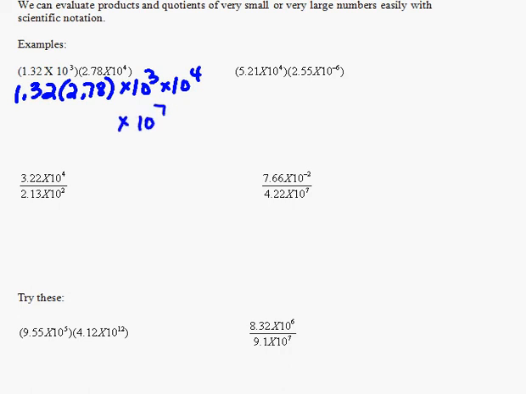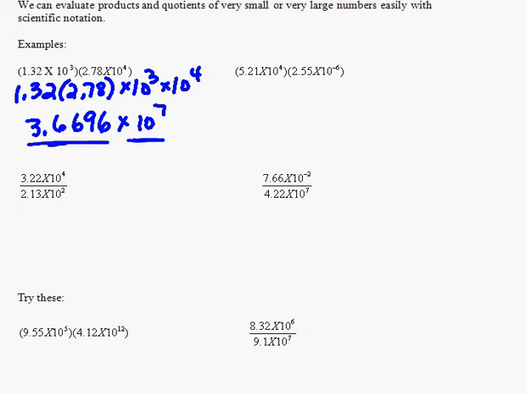So now all I need to do is multiply 1.32 times 2.78. I'm assuming you're going to go to your calculator for that, and when you do, that's going to give you 3.6696. And that's your answer, 3.6696 times 10 to the 7th, because I have a number between 1 and 10 times 10 to some integer power.